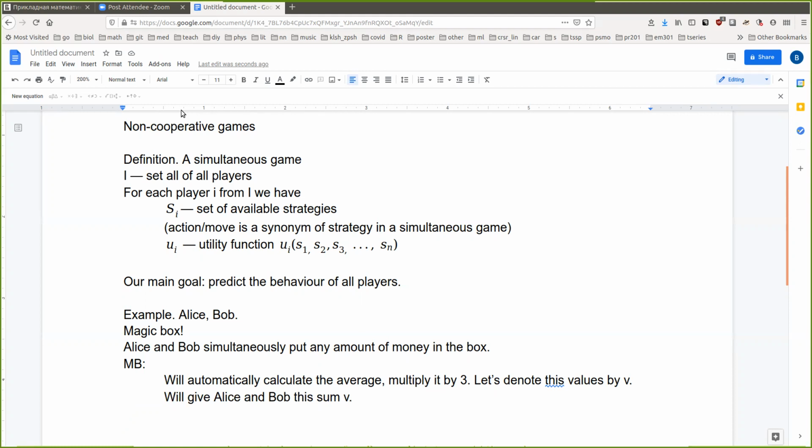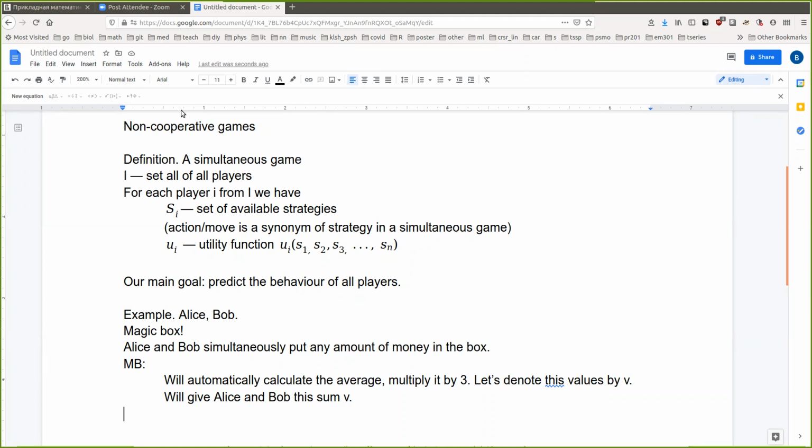So we have a magic box. You put in your money simultaneously, and boops, ahalai mahalai, every player magically receives the average multiplied by 3. Okay?